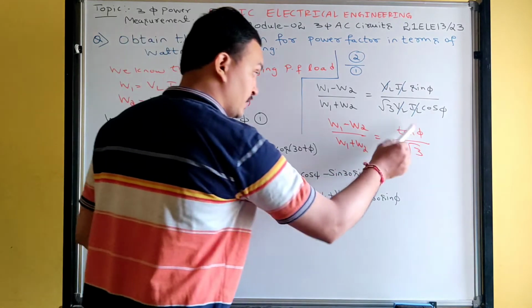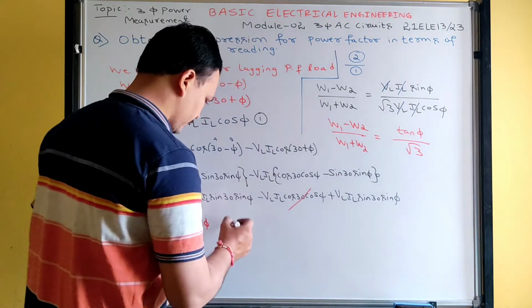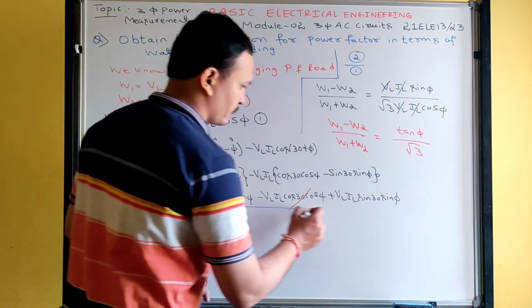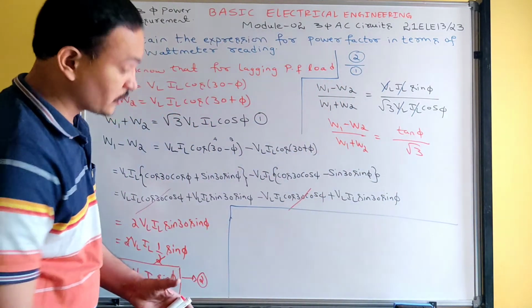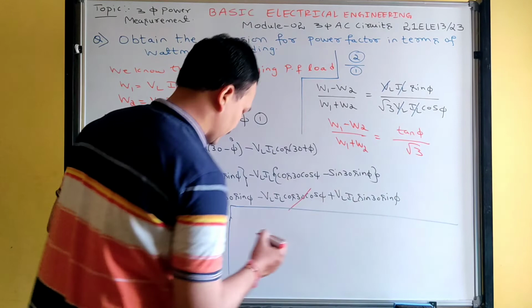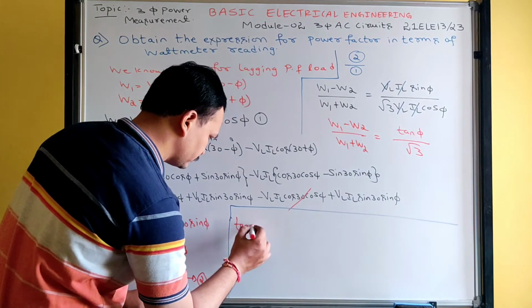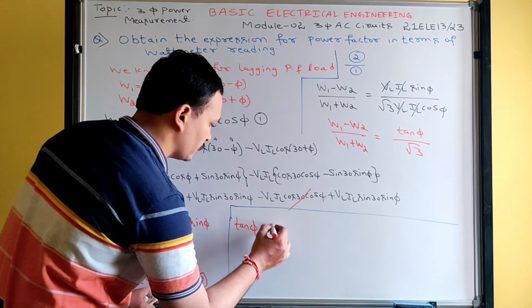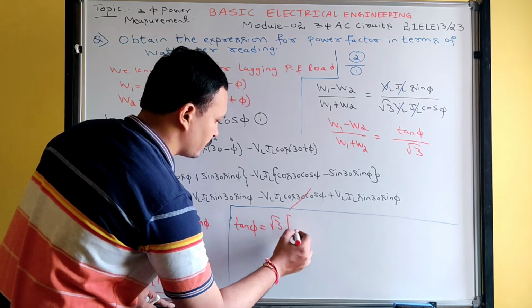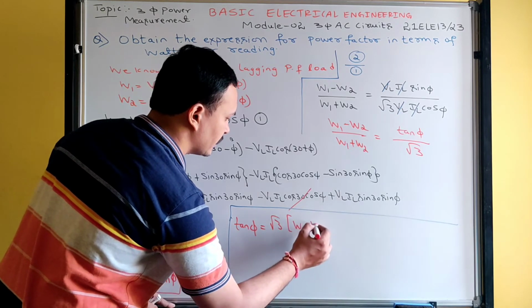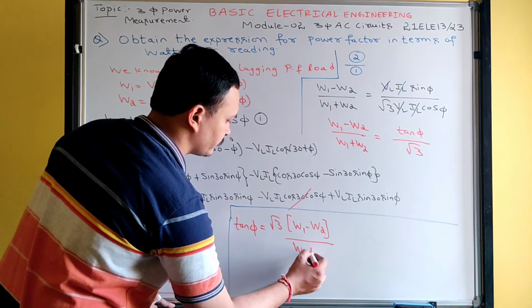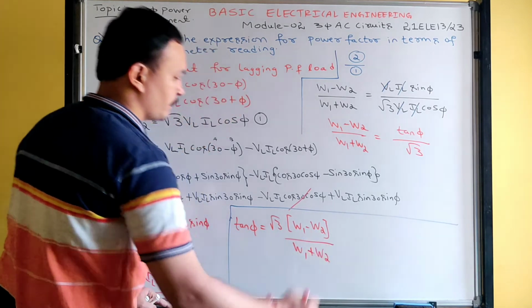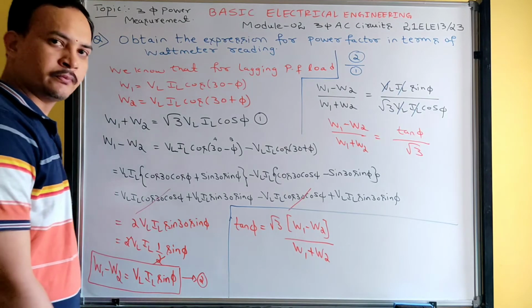Now from this step, you write the expression for tan phi. I am going to write it here. Tan phi can be written as, tan phi is equal to root 3 times of W1 minus W2 divided by W1 plus W2.